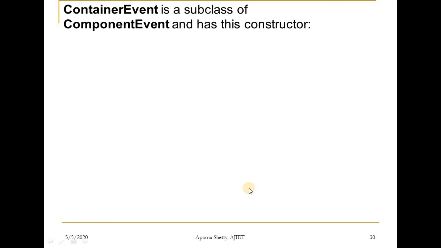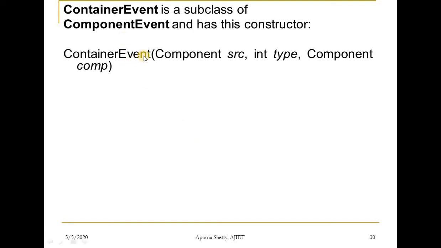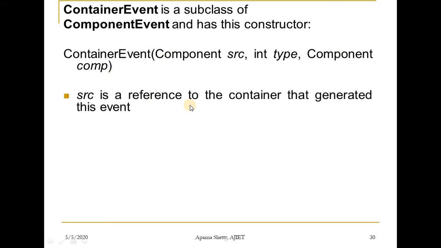ContainerEvent is a subclass of ComponentEvent and it has this constructor: ContainerEvent(Component source, int type, Component comp). Source is a reference to the container that generated this event. Since ContainerEvent is a subclass of ComponentEvent, source is an object of type Component, or rather the container that generated this event.